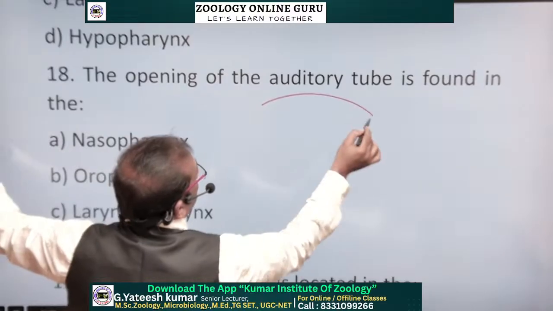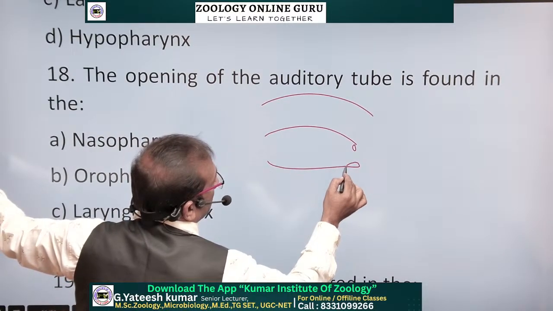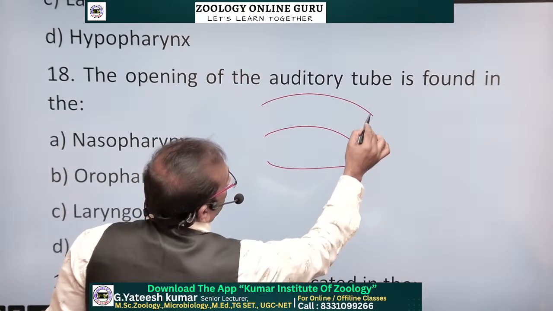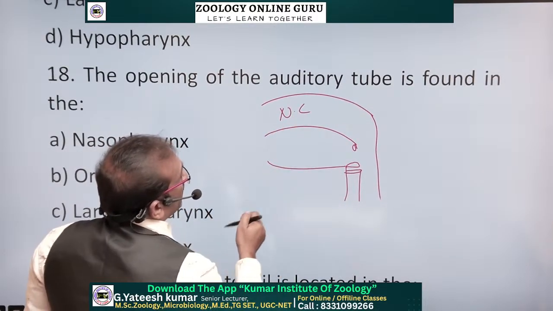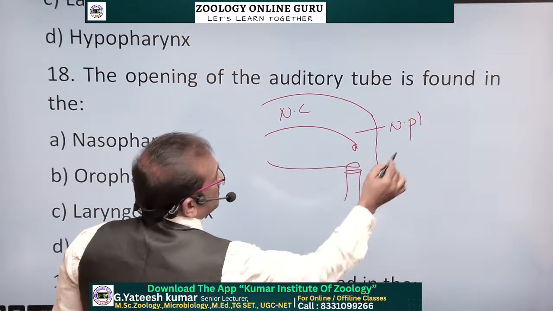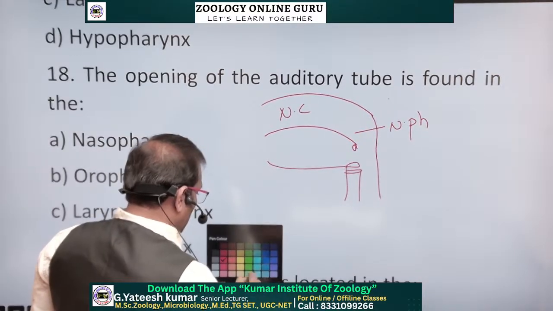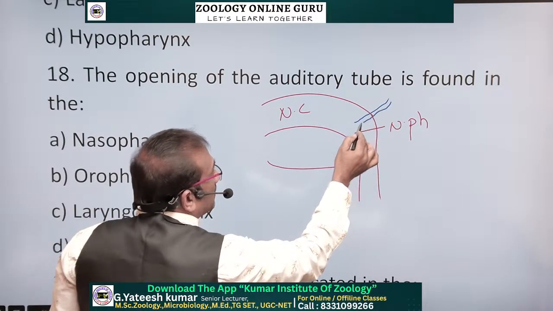See, this is the nasal cavity, oral cavity, uvula, epiglottis, and this is the glottis. This is the nasal cavity, and here this is the nasopharynx. From the ear, a canal comes and joins here.